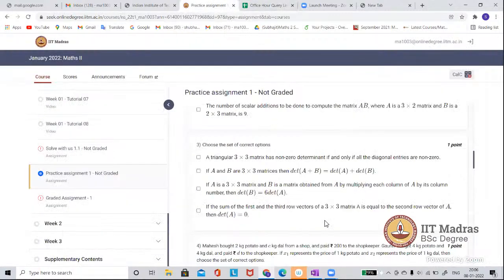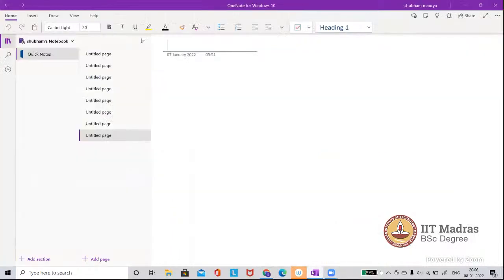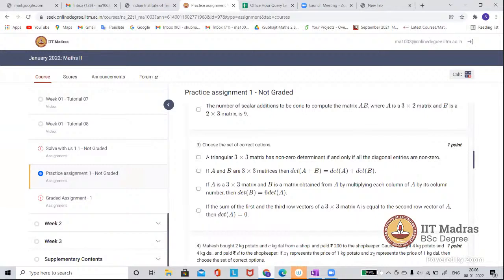So the first option is: a triangular matrix of order 3, which is a square matrix, has a non-zero determinant if and only if all the diagonal entries are non-zero. This option asks whether it is true or false.